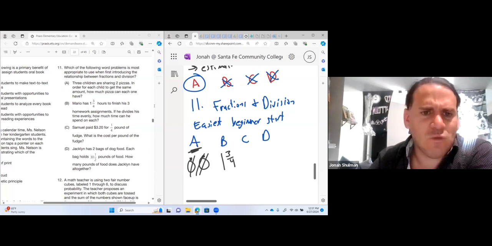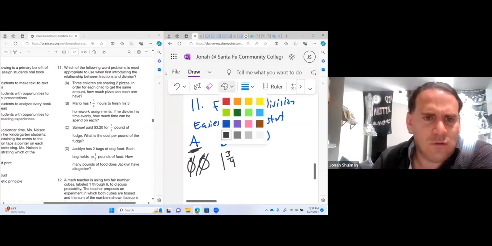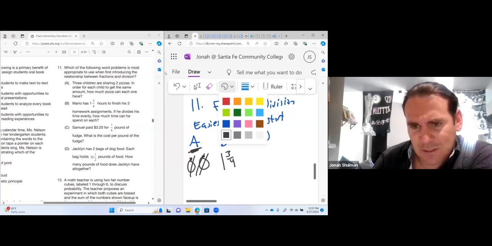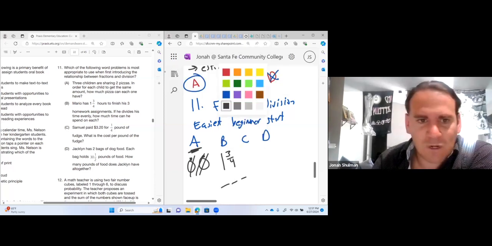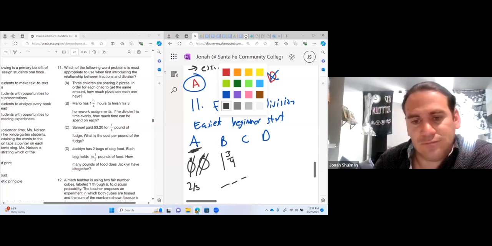Mario has 1 3/4 hours to finish 3 homework assignments. If he divides time evenly, how much time can he spend on each? So we still have this to break into 3 parts, right? Here we have 2 and 3: 3 children sharing 2 pizzas.